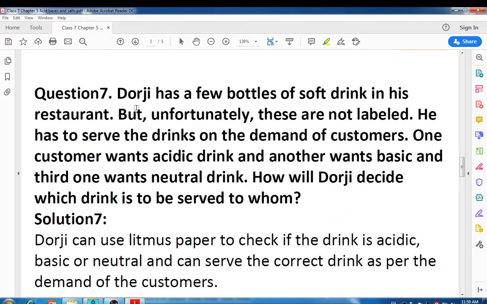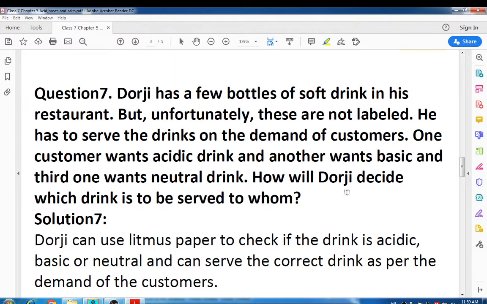Then question number 7. Doji has a few bottles of soft drink in his restaurant, but unfortunately these are not labeled. He has to serve the drinks on the demand of customers. One customer wants an acidic drink, another wants a basic drink, and the third one wants a neutral drink.